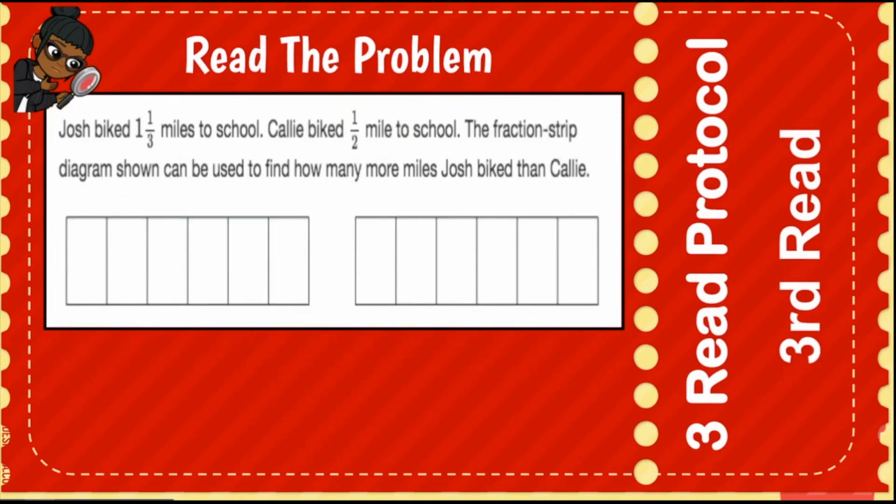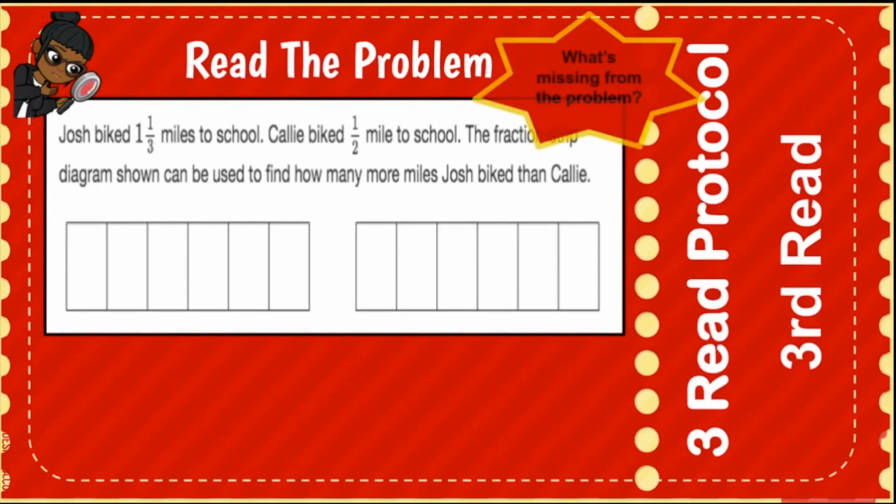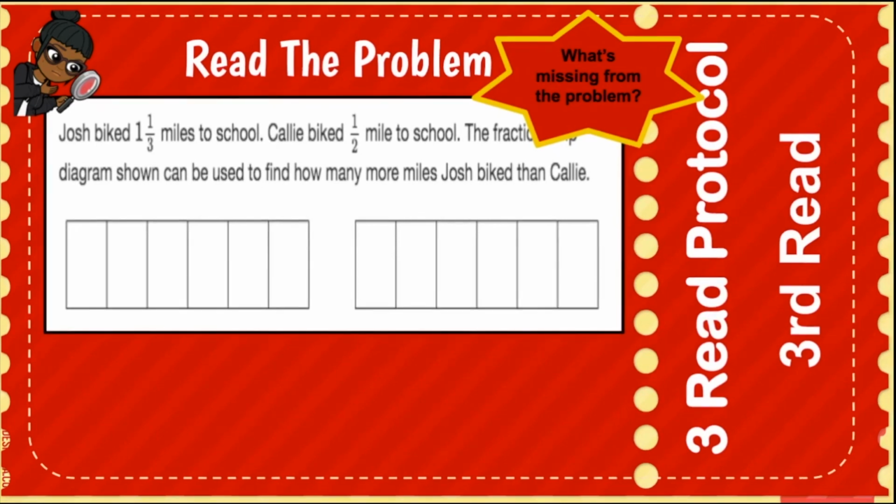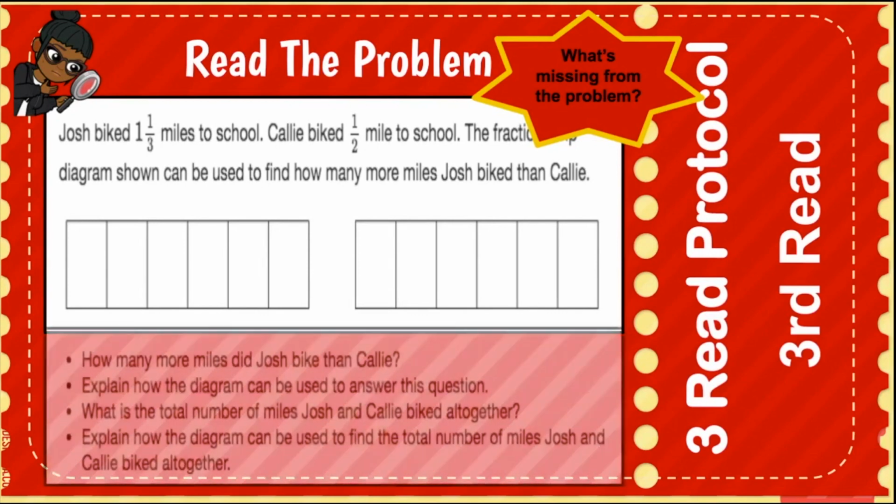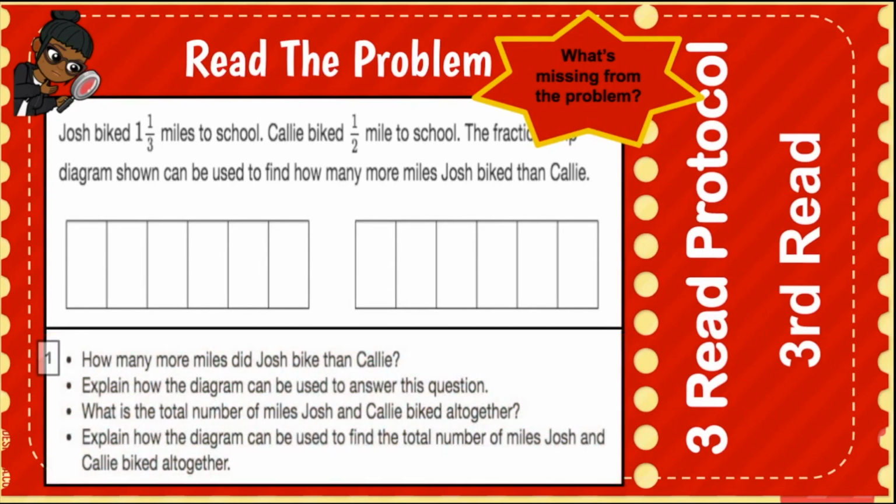For the third read, you're going to read the problem to yourself. What's missing? The question is missing. It's important to understand first what the problem is about, and second, understand the quantities and the units in the problem before we solve. So what problem are we going to solve? 1.